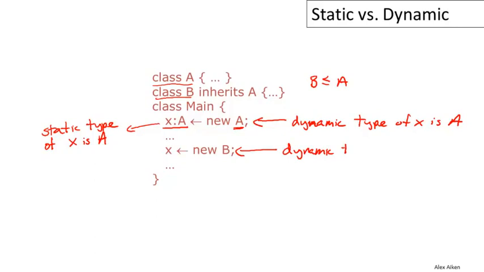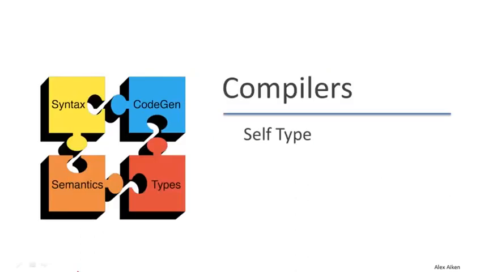The dynamic type here of X is going to be B. When this line of code executes, X holds a B object, even though it's declared to have a different type. And this is a very, very important distinction to keep in mind. There's a static type, a type that the compiler knows about, and that's invariant. X has type A, it always has type A. All the uses of X for the entire scope of X are typed with class A by the compiler.